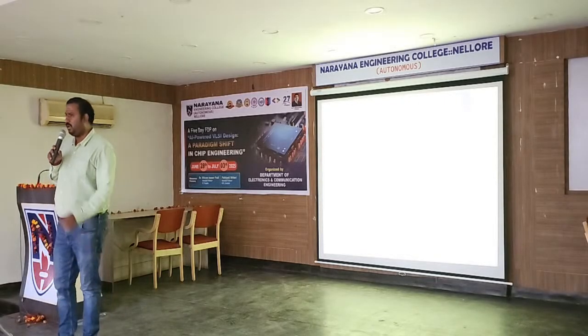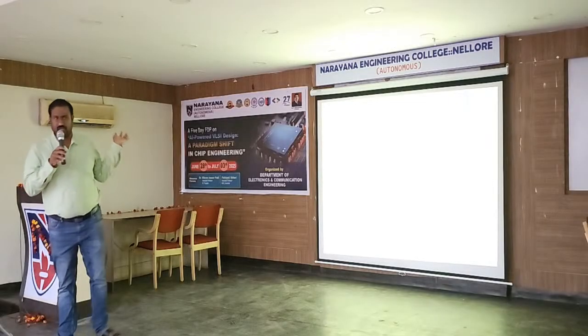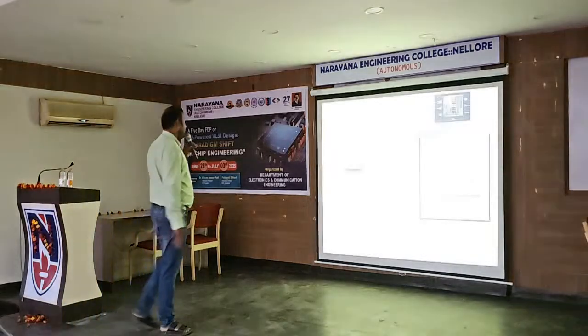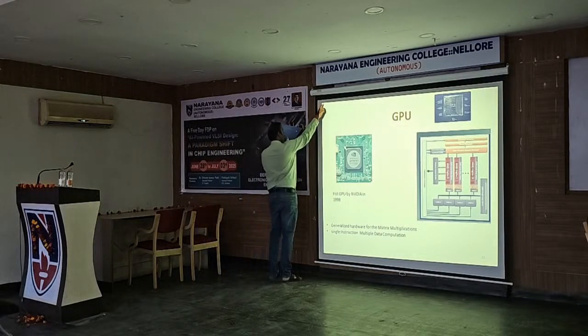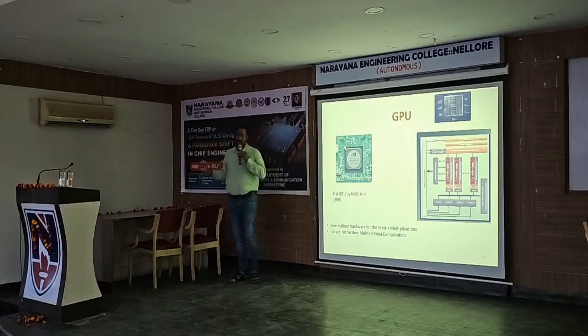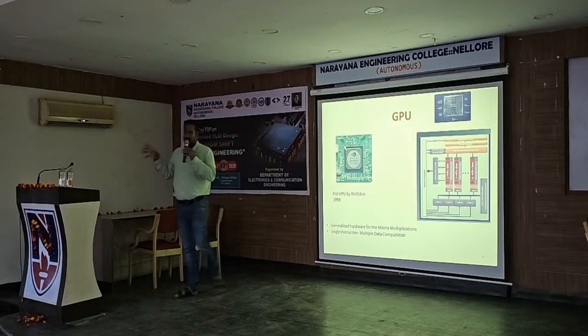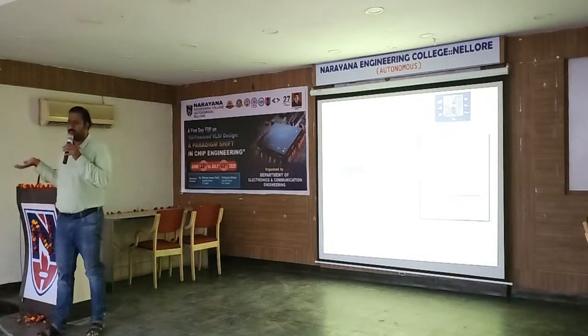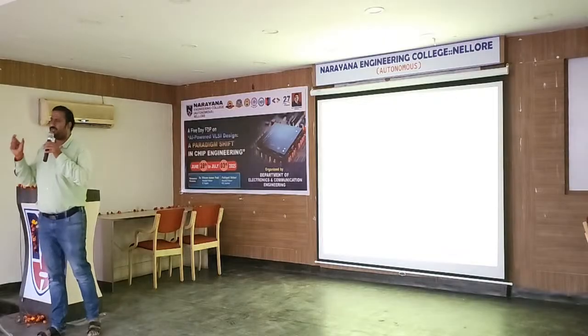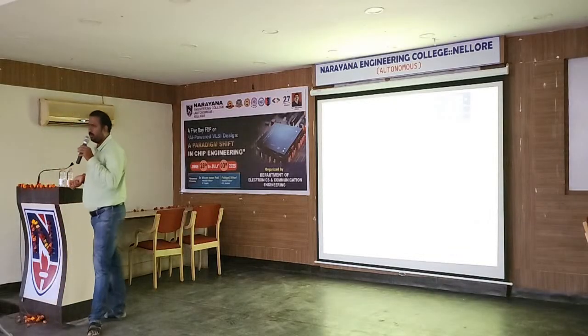And by the way, how will displays work? Any of you know or not? First, it will display the first row. Next, it will display the second row. Next, it will display the third row. It won't display the entire screen at once. It will display the first row, second row, third row. That's why the refresh rate of the display is very important.